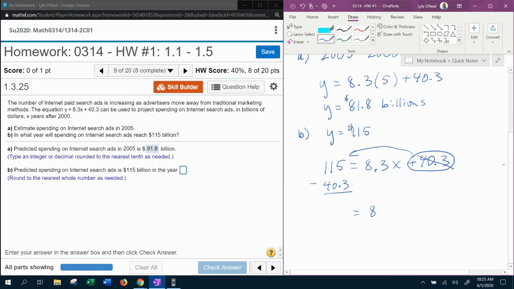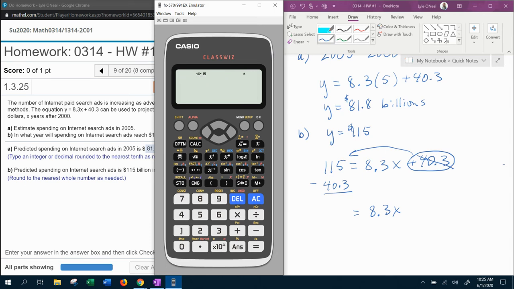So that's 8.3x equals, and then I'm going to pull up my handy dandy calculator. What is 115 minus 40.3? Again, as a decimal, 74.7.